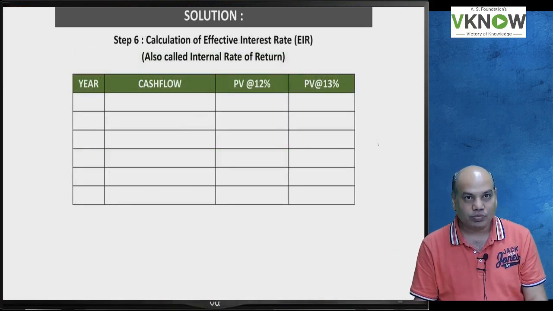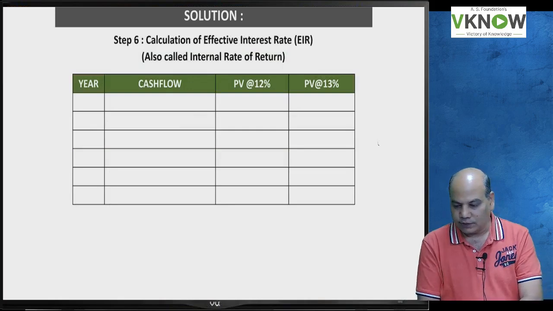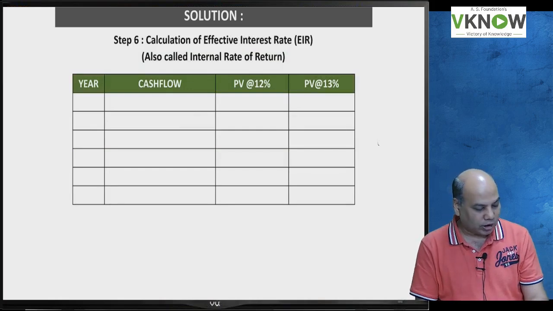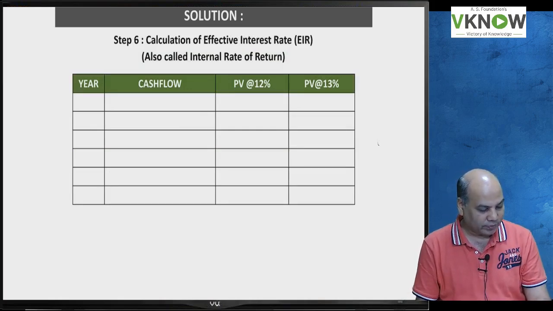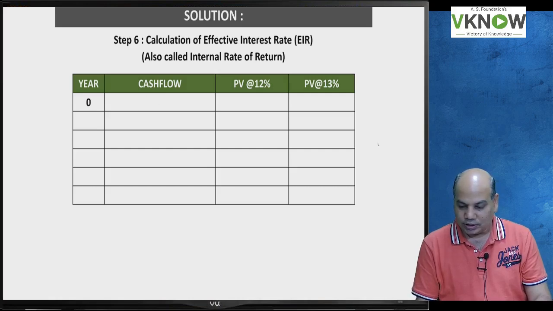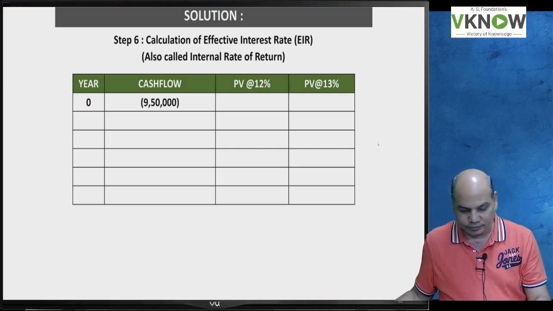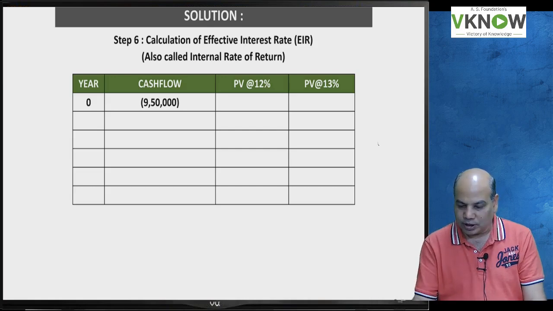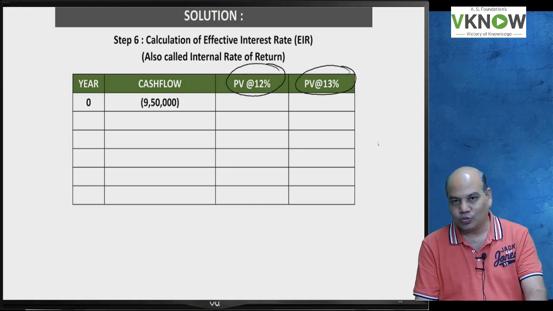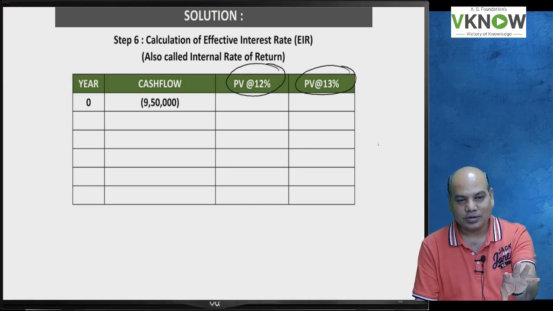Now my next task would be to find out the effective interest rate, otherwise you can't prepare ledger. Okay. How do you compute EIR? You have to apply a method in mathematics called interpolation, where you will assume a rate of discount as EIR, calculate NPV at that rate.